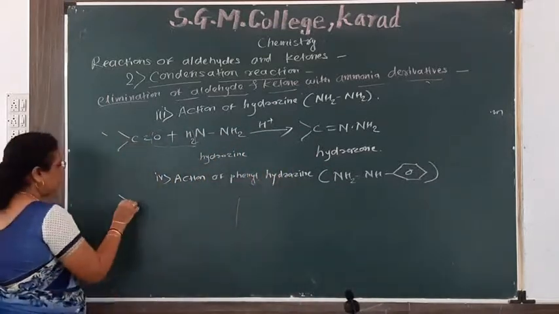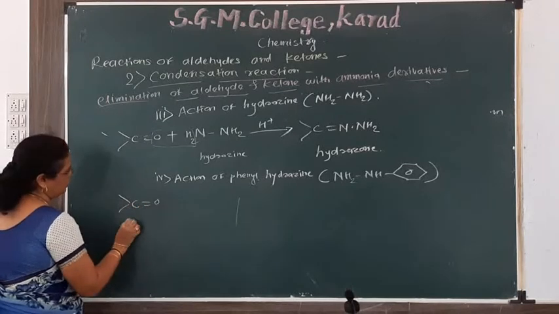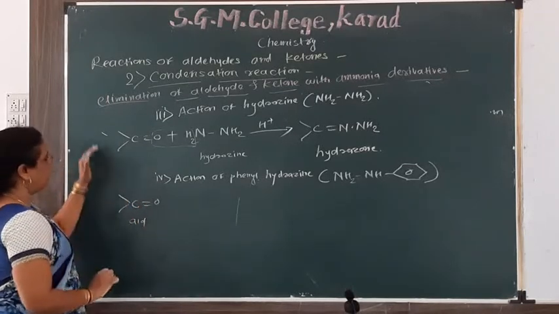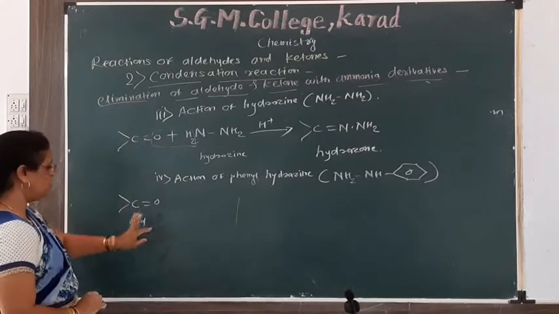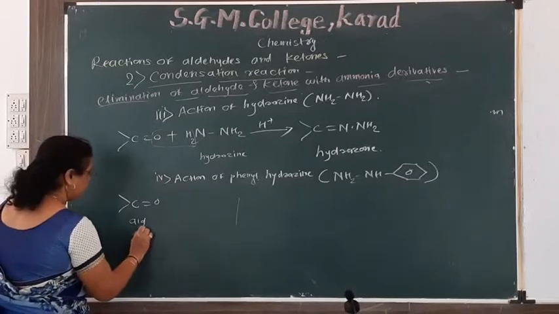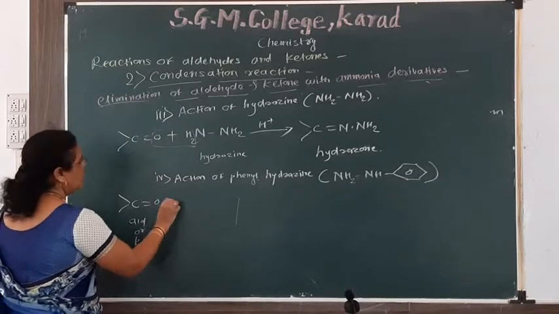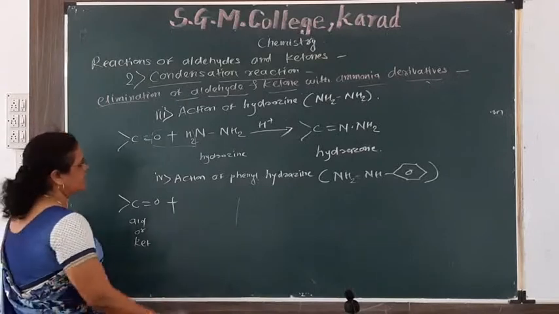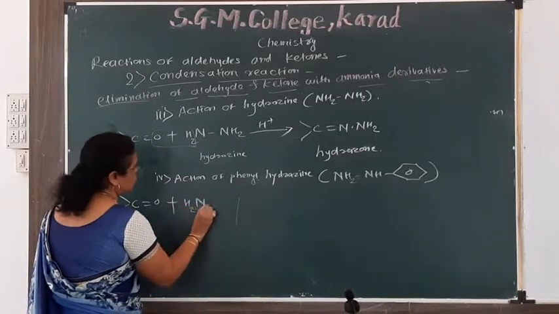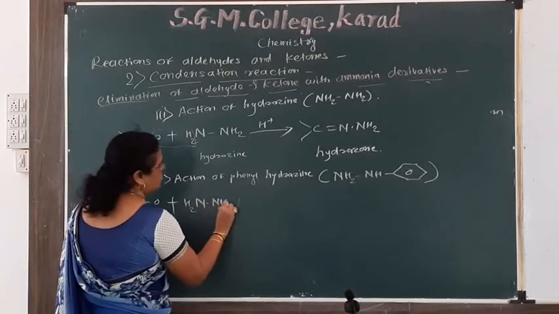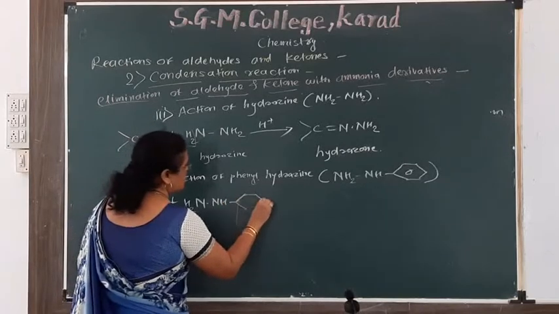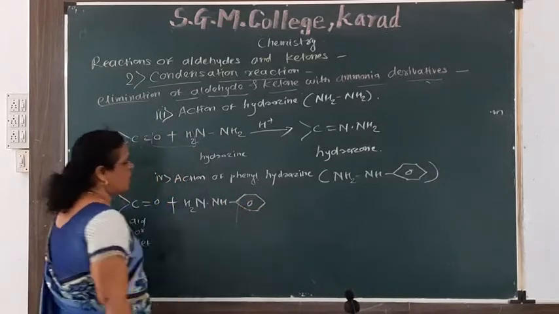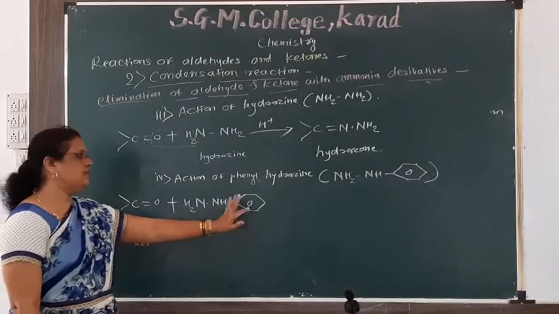Here when aldehyde or ketone, aldehyde and ketone both contain carbonyl group, C double bond O group, reacts with phenylhydrazine, that is NH2NH C6H5.